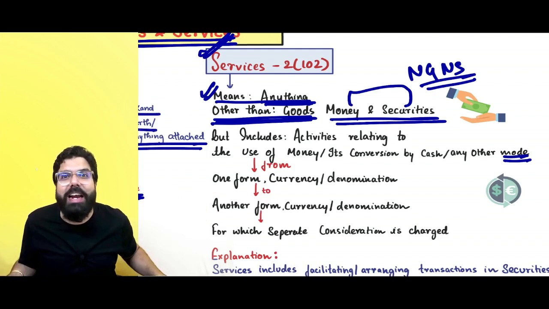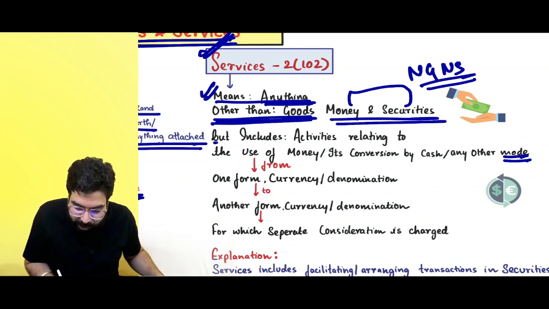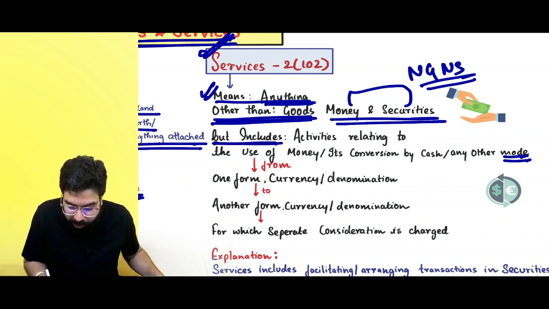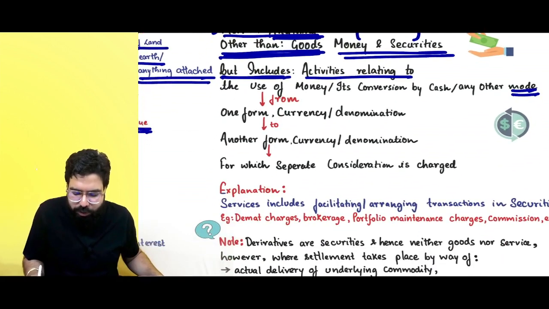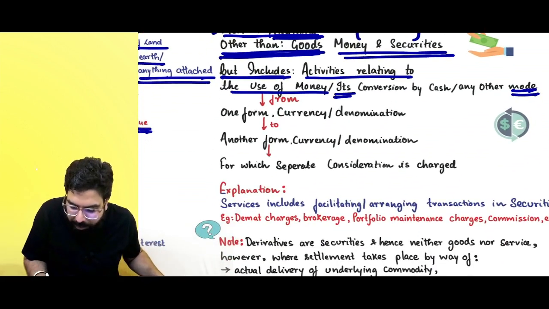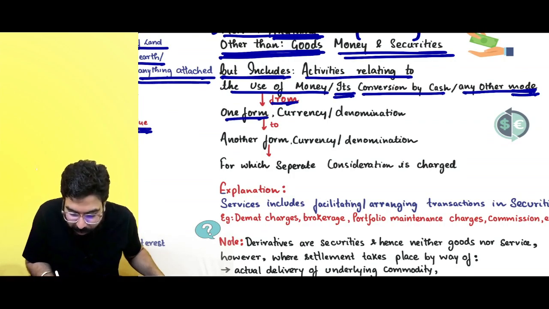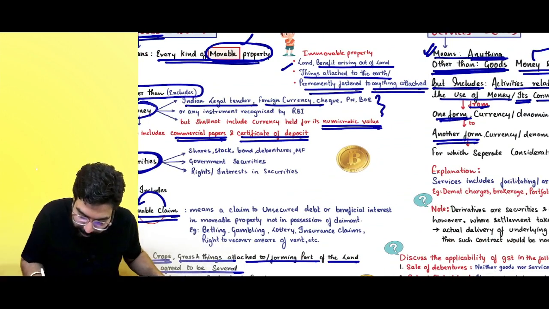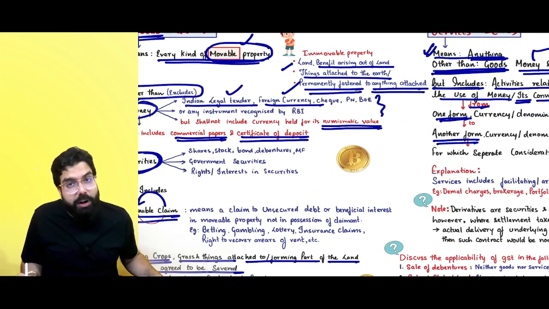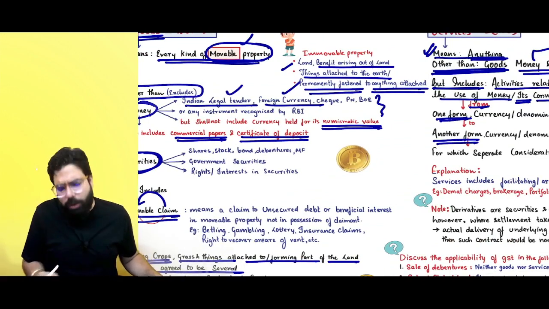The bank is providing a service. So service includes activities relating to the use of money, its conversion by cash or any other mode from one form of money to another form of money. What are the various forms of money? Indian legal tender and foreign currency are all various forms of money.